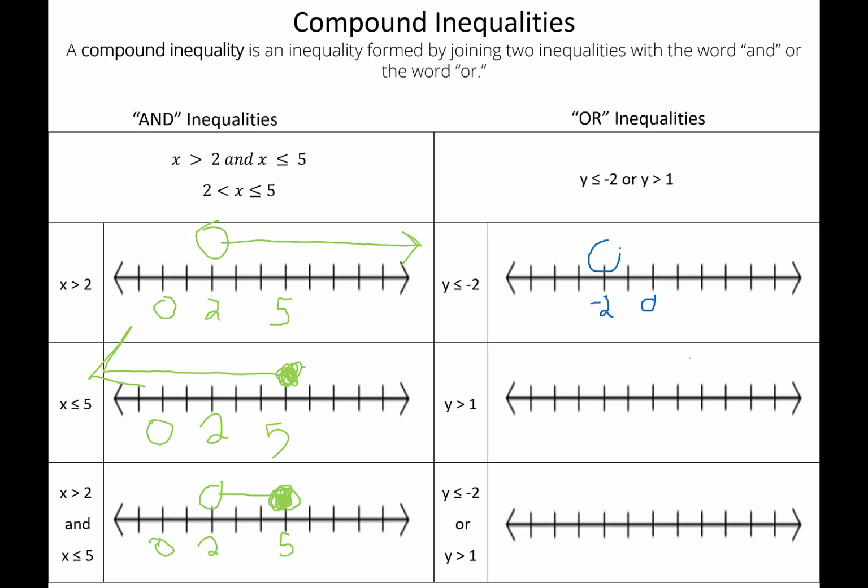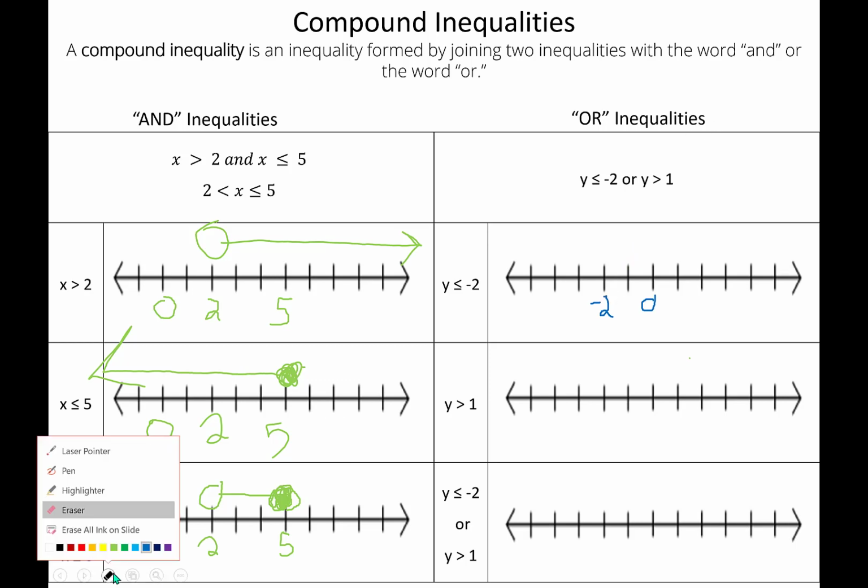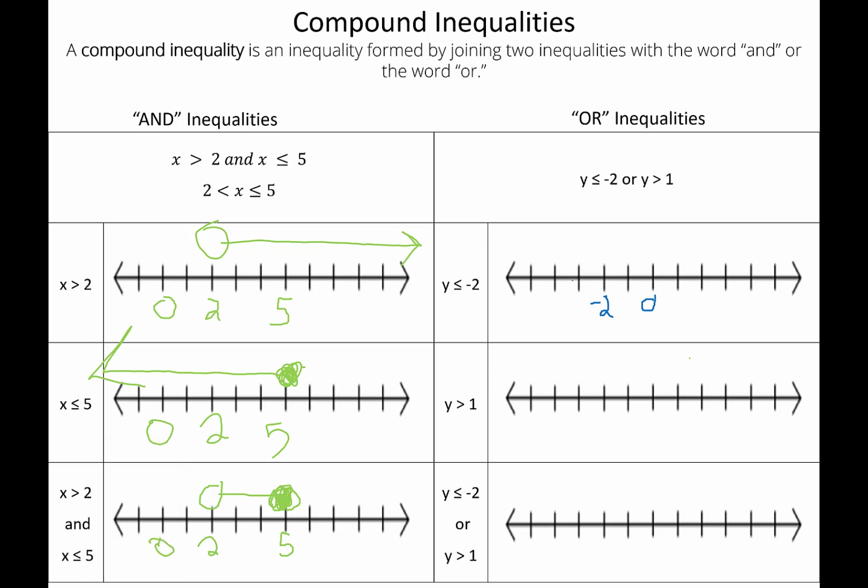Well, it's a closed circle shaded to the left. y greater than 1 is an open circle shaded to the right.